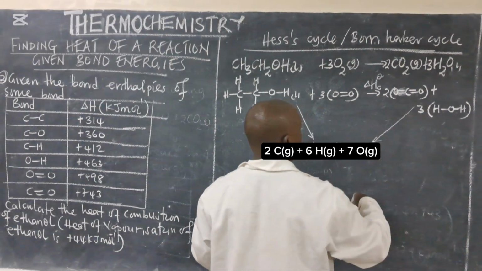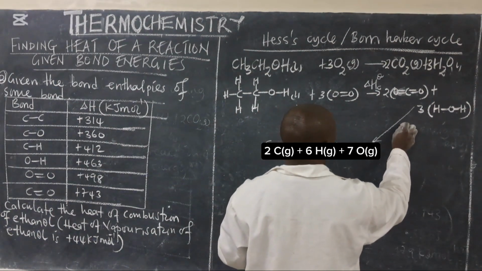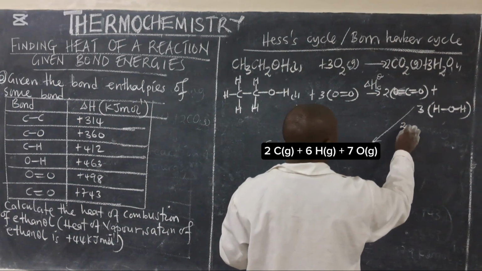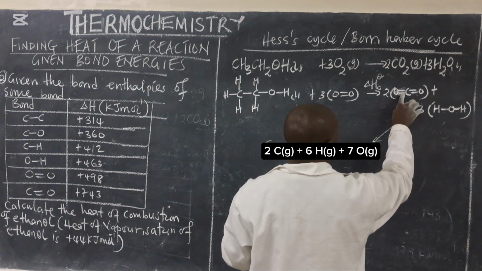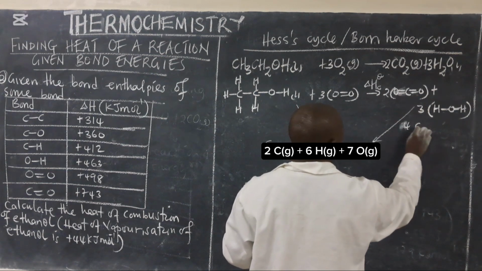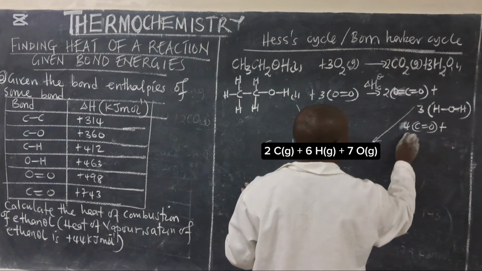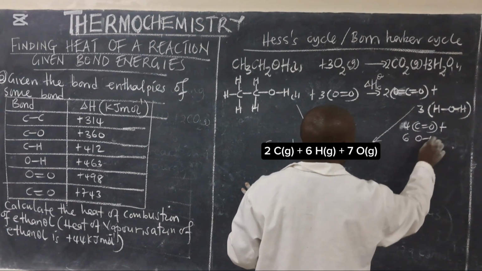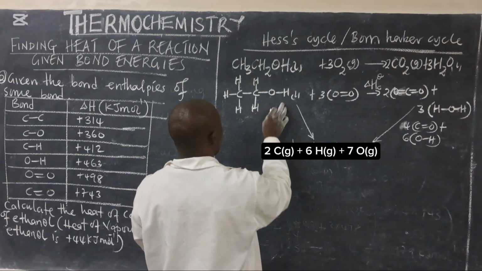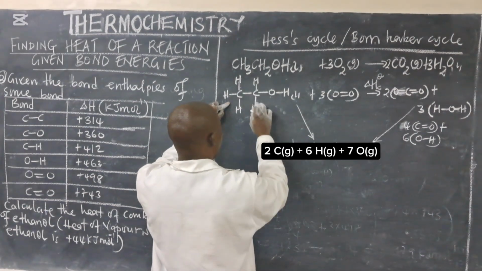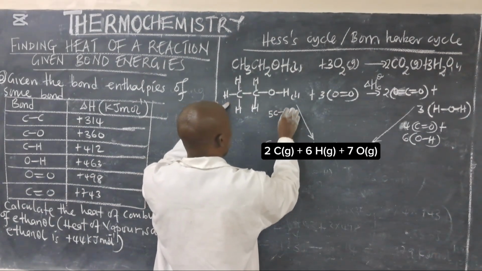So the bonds present there, on this side, we just have to look at 2, this is 2, but times 2, that is 4 of C=O. Then plus, this is 3 times 2 of this, that is 6 of oxygen hydrogen bonds. Then under this side, 1, 2, 3, 4, 5, that is 5 of carbon hydrogen.